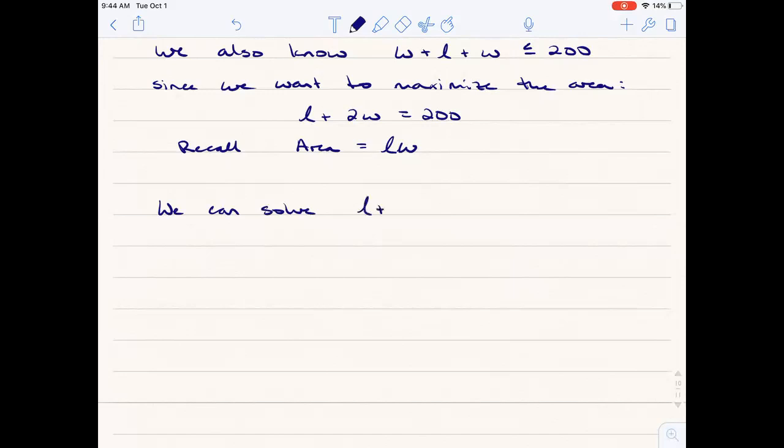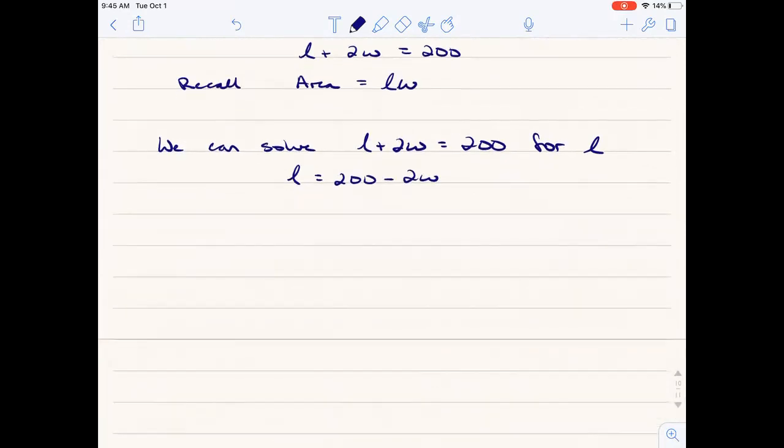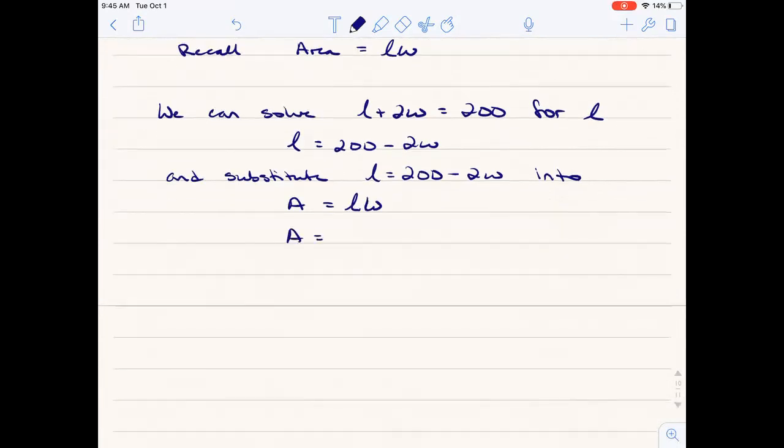We can solve L plus 2W equals 200 for L. So L is 200 minus 2W, and substitute L equals 200 minus 2W into A is L times W. So now A is 200 minus 2W times W.